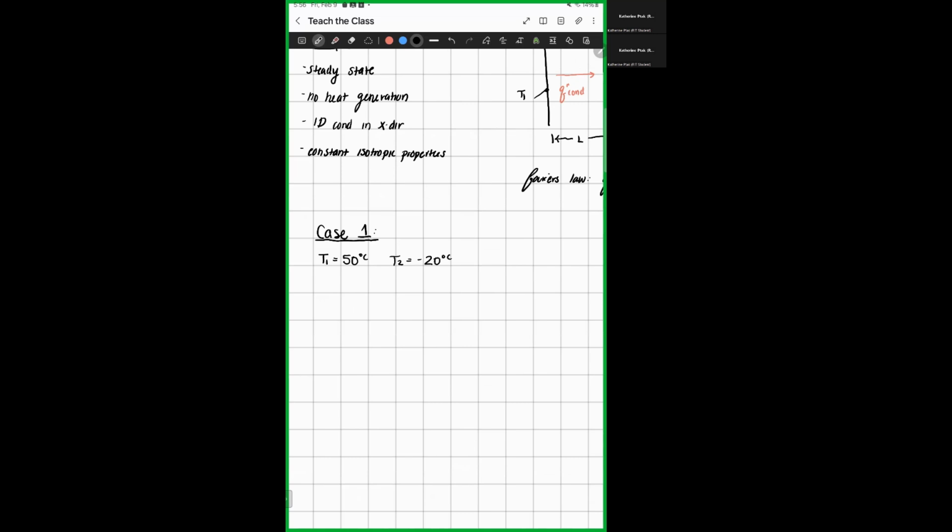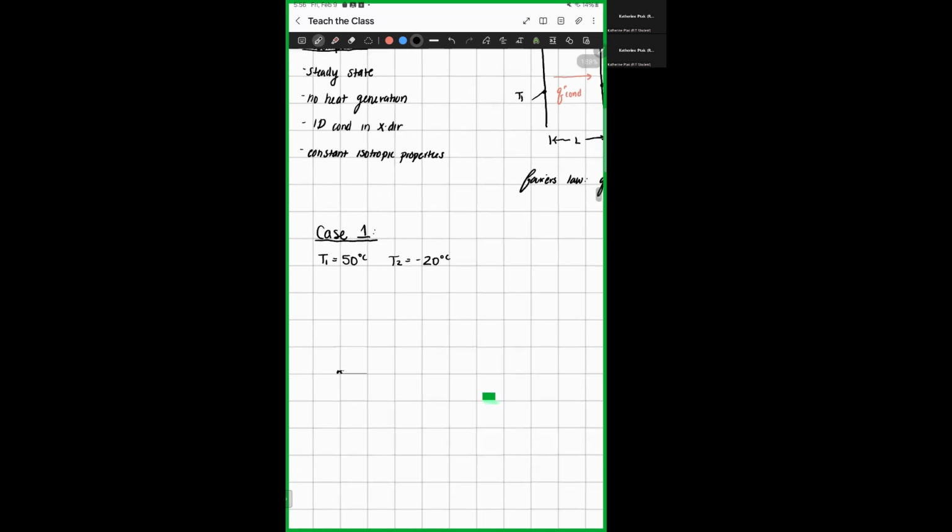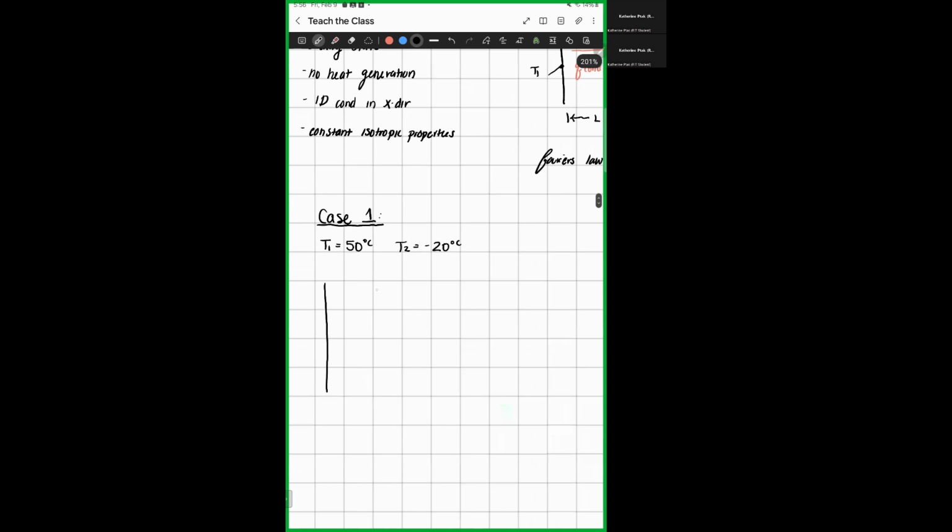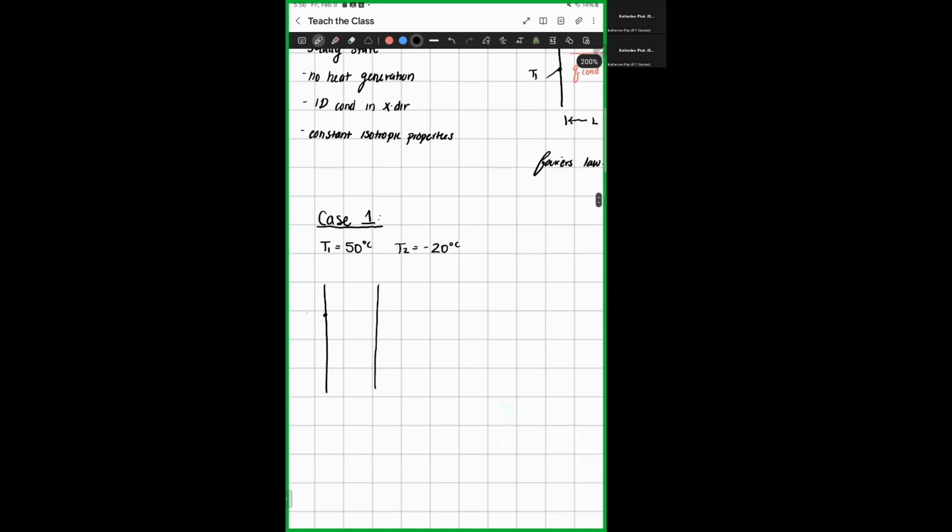So for this one, we will start with drawing our picture. We can clearly see that T1 is greater than T2. So this is going to have a negative slope, or a negative dT/dx. So we can draw this as T1, T2, and it'll have a negative slope.